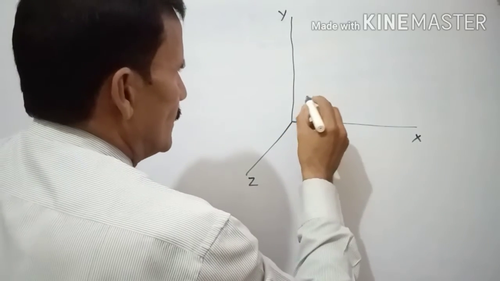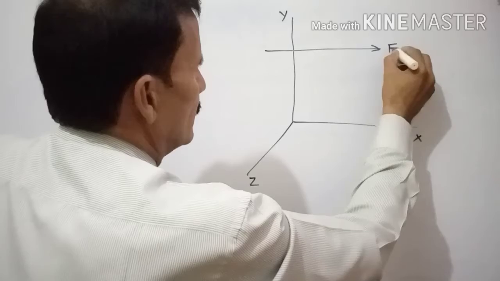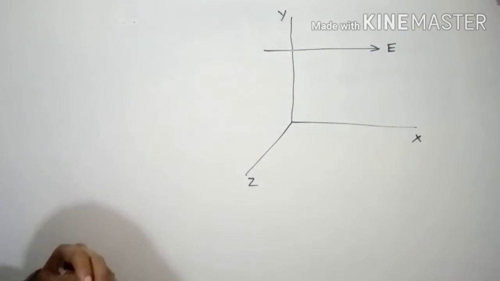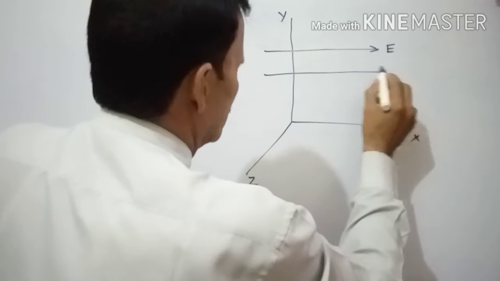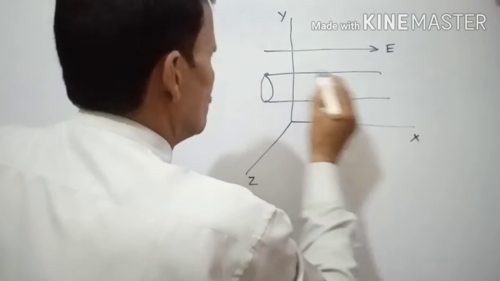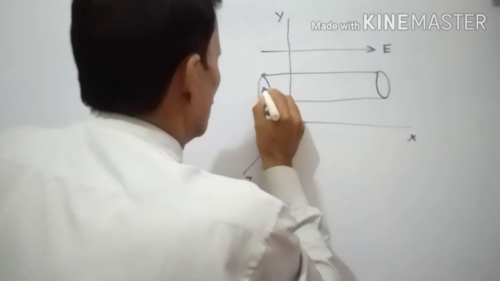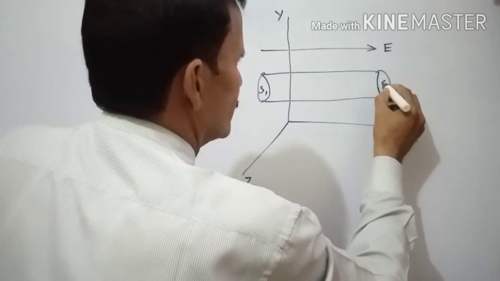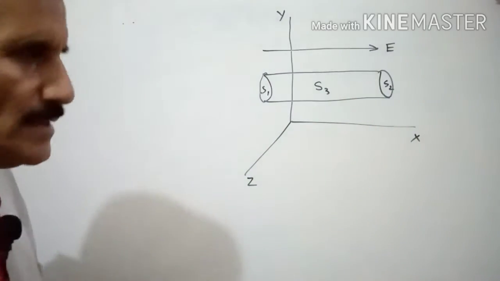Suppose there is a uniform electric field parallel to the x-axis, and the cylinder is also placed like this, parallel to the x-axis. Suppose it is S1, S2, and this. So there are three surfaces in a cylinder.